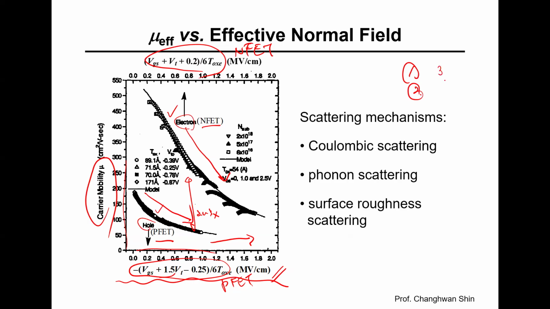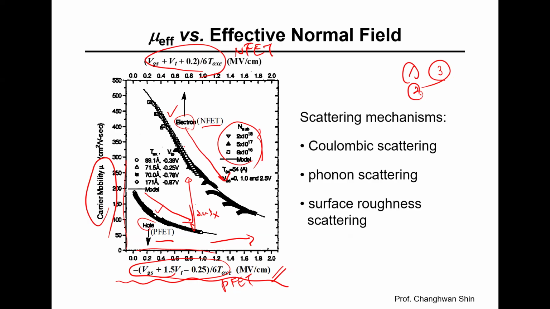Okay, so let's take a look at the third point, number 3. Different substrate doping concentrations, shown by different markers, affect mobility definitely, particularly at lower field.